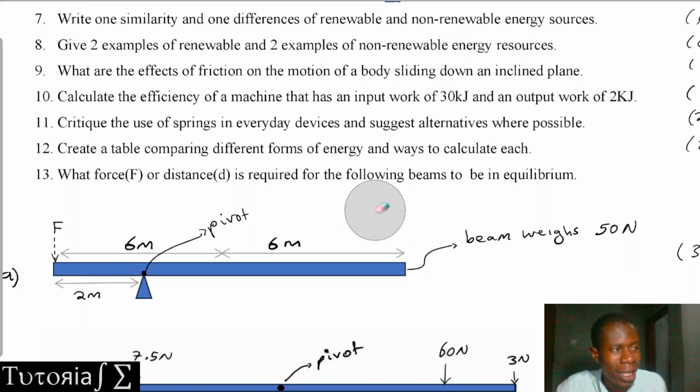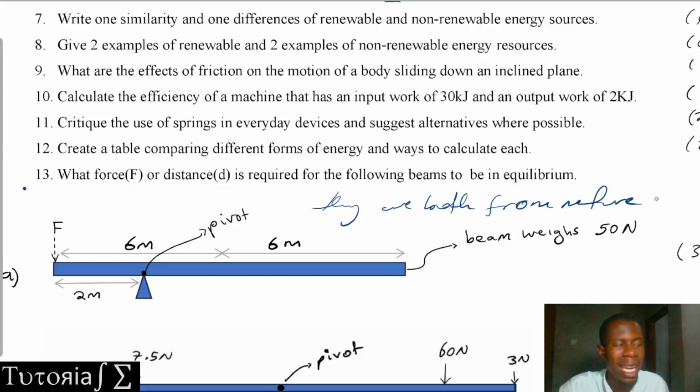So on the similarities, you're just supposed to say they are both from nature, meaning that they are naturally occurring. Both of them are naturally occurring, and they can never be created or destroyed. So that is basically the similarity there.